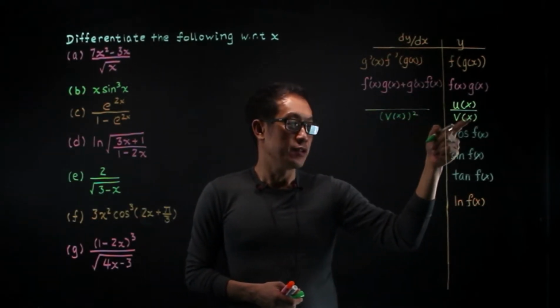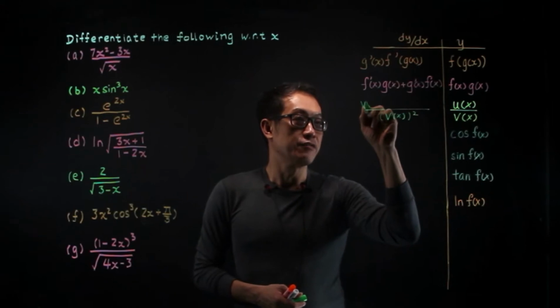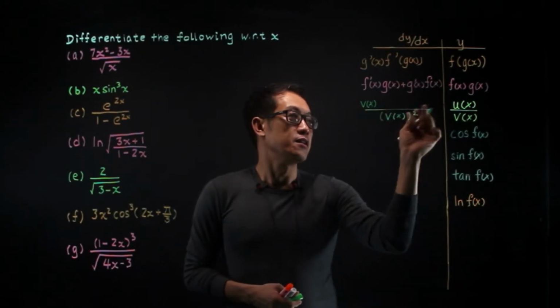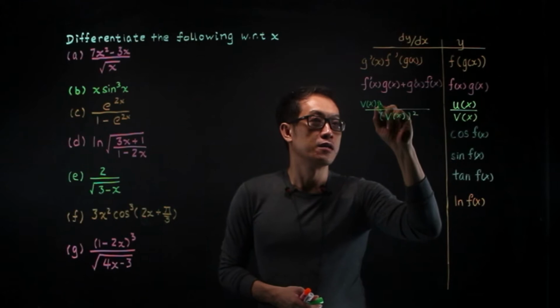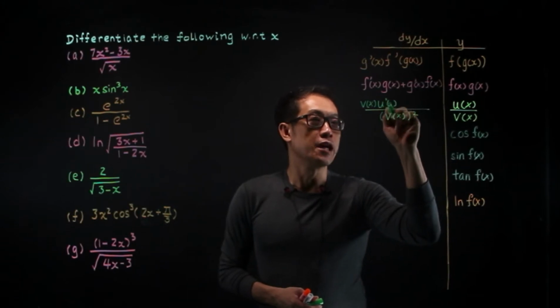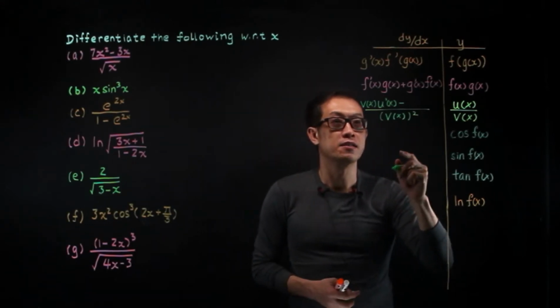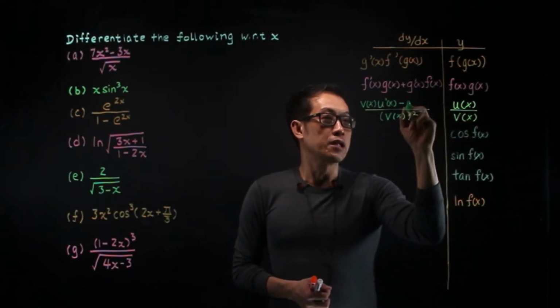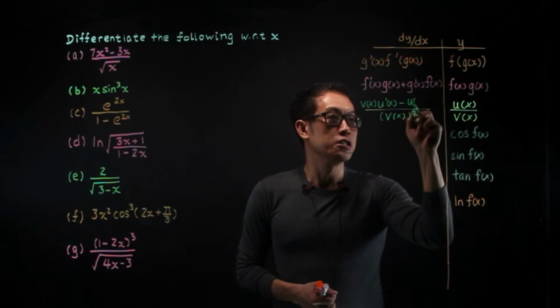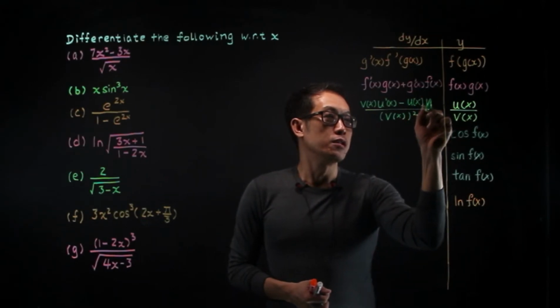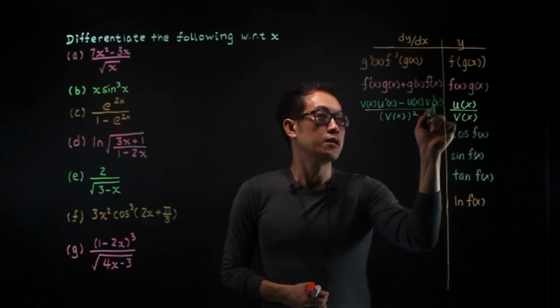Then you take the denominator v, and differentiate the numerator, du dx, minus. The quotient rule has a minus. Then you take the denominator, the numerator remains unchanged, and you differentiate the denominator.